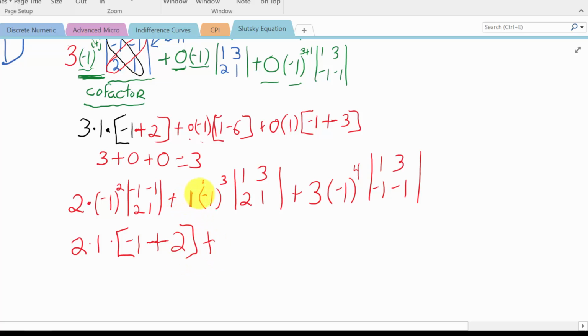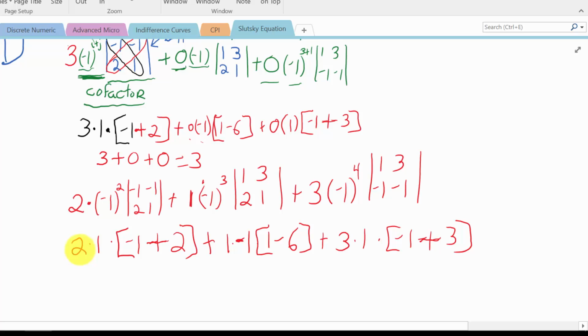Plus 1 times minus 1 times minus 1 times, in brackets, 1 minus 6. Plus 3 times minus 1 to the fourth is just 1 times minus 1 minus 1 times 3 is a minus 3. Okay, so we've got plus 3.